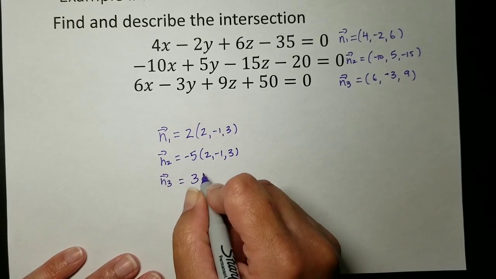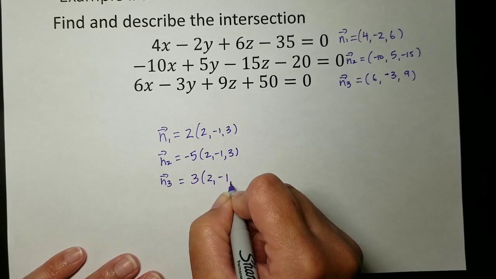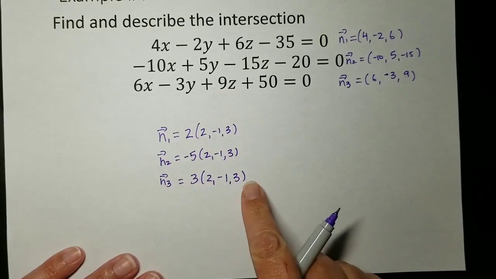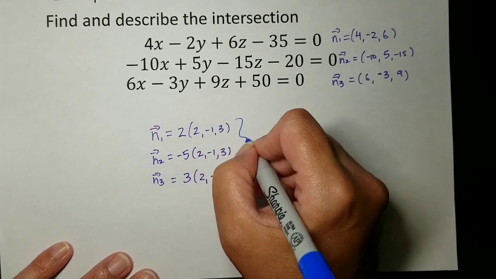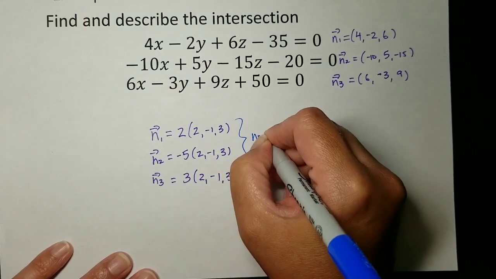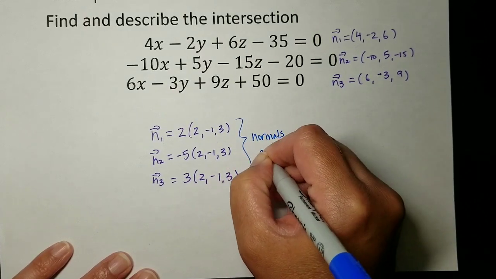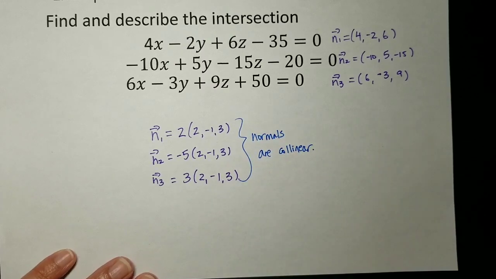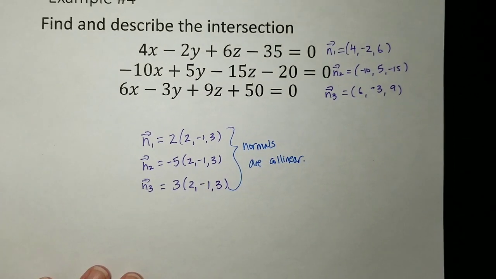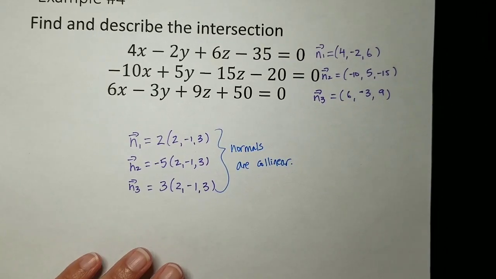And this one, n3 equals 3 times 2, negative 1, 3. So the normals are all collinear. If all 3 normals are collinear, then that's one of the first 3 cases.